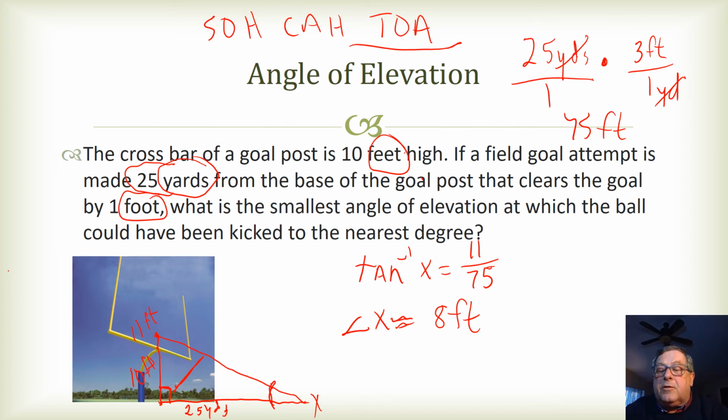So our kicker is going to have to make this kick with an angle of elevation of 8 degrees from 25 yards, or 75 feet away, in order to clear the goalpost by 1 foot, or actually reach a total height of 11 feet. And that, my friends and neighbors and countrymen, is how we can use an angle of elevation.